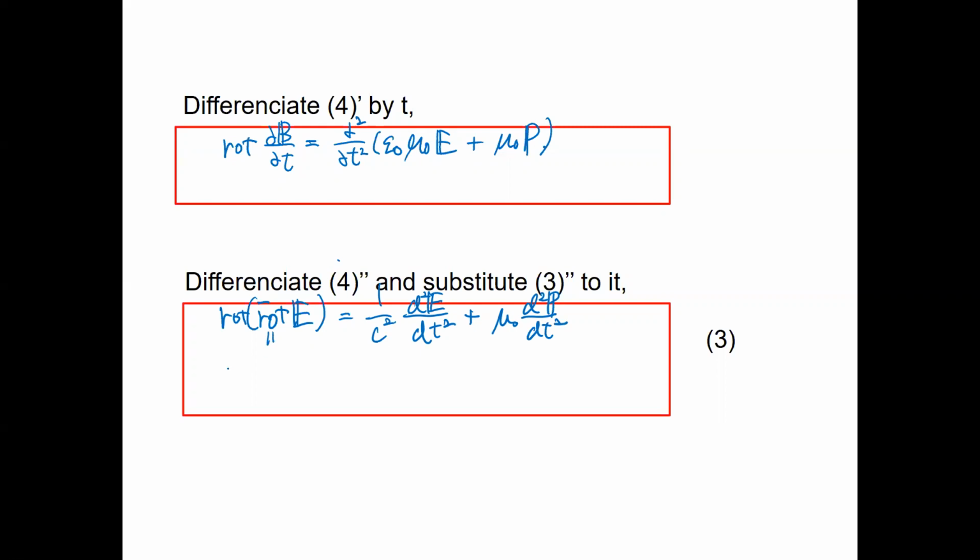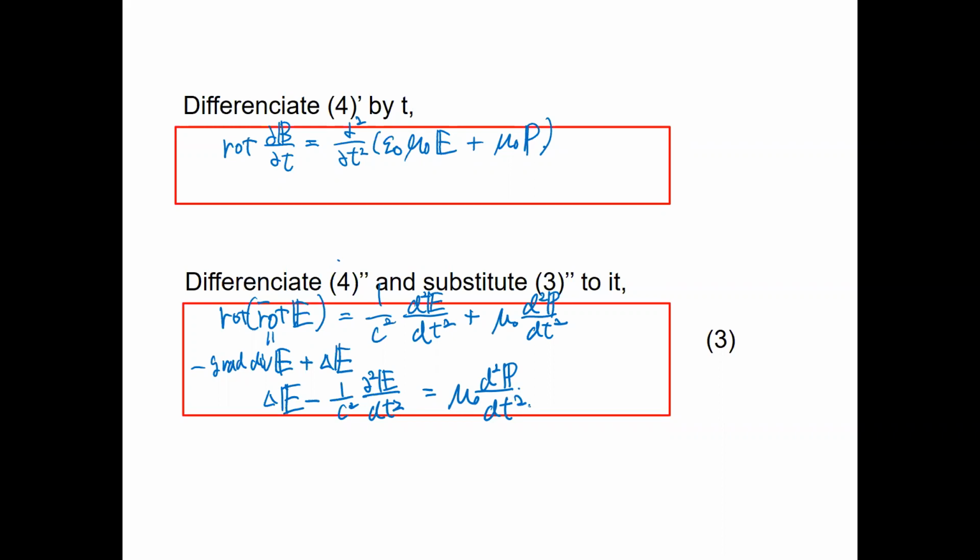And again, using the identity of the rotation of rotation, that is, gradient of divergence E minus Laplacian E, we could finally obtain the Laplacian of E minus 1 over c squared d2E/dt2 equal to mu 0 d2P/dt2.